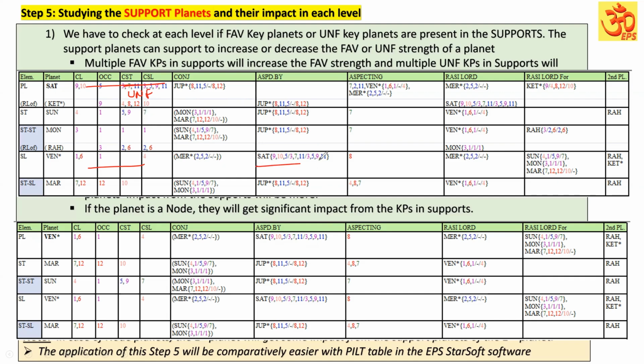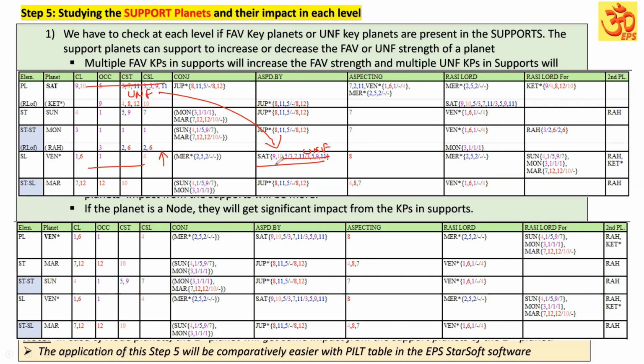Now Saturn will become unfavorable. What will happen? Venus's unfavorable signification will increase by Saturn through the supports. That unfavorable influence will be further increased because it is being supported by the source planet through the ruler link.